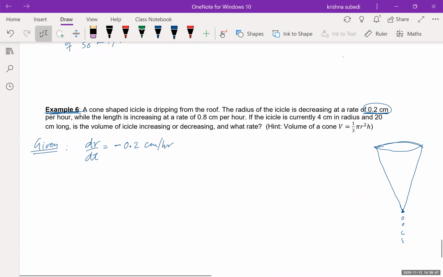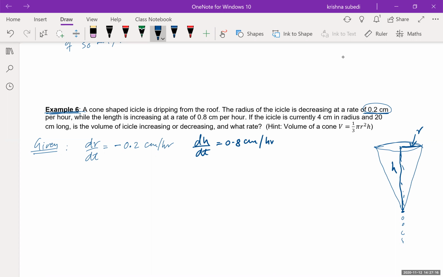Now another piece of information given is that the length is increasing. Let's write that as h. So the length of the cone is h, and this one is r, the radius. So dh over dt is 0.8 centimeter per hour.